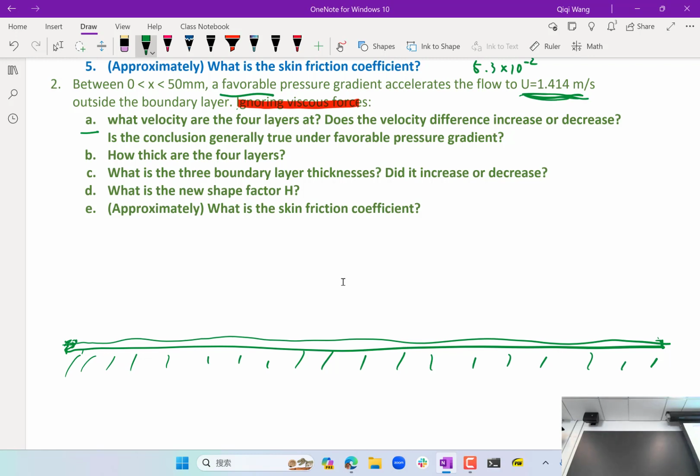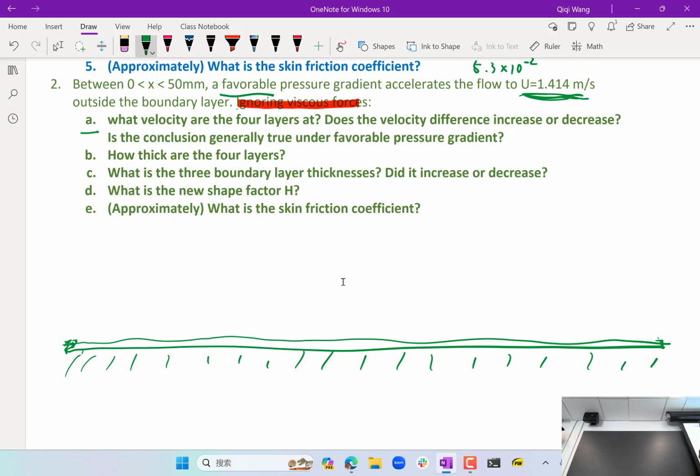Yes? How do you know the streamlines are straight? How do you know that the boundary layer doesn't increase thickness around the fixed value? Yes, so it will either decrease or increase in thickness. We are going to look at it a little bit later, exactly how much it increased or decreased. But the thickness is 1 millimeter, right? And the length we're considering is 50 millimeters.